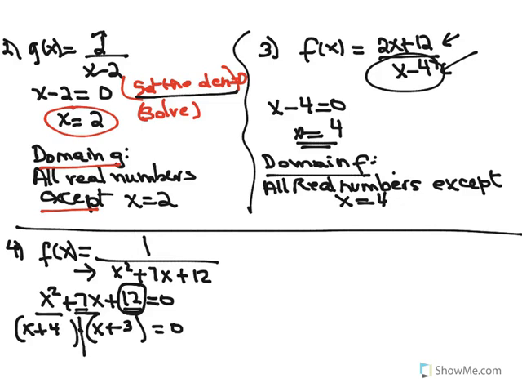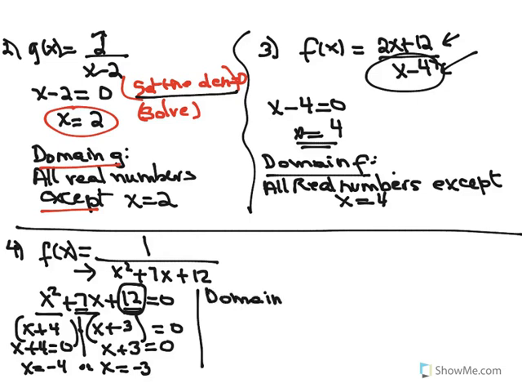Yes? So the solutions are x plus 4 is equal to 0 or x plus 3 is equal to 0. So we have two solutions. x is negative 4 and x is negative 3. Yes? Either one of those two solutions will make the denominator equal to 0. So what is the domain of f?